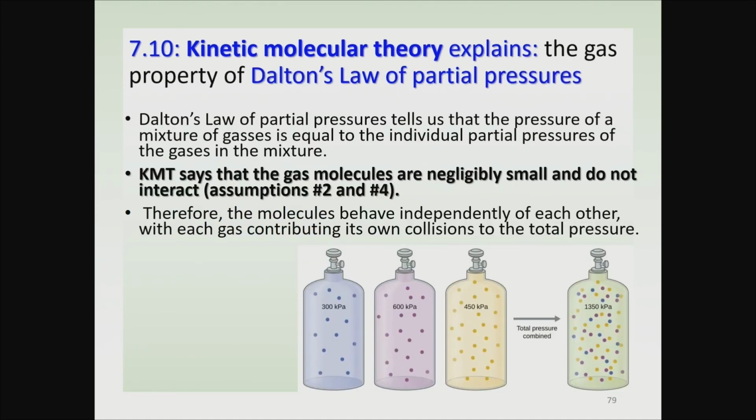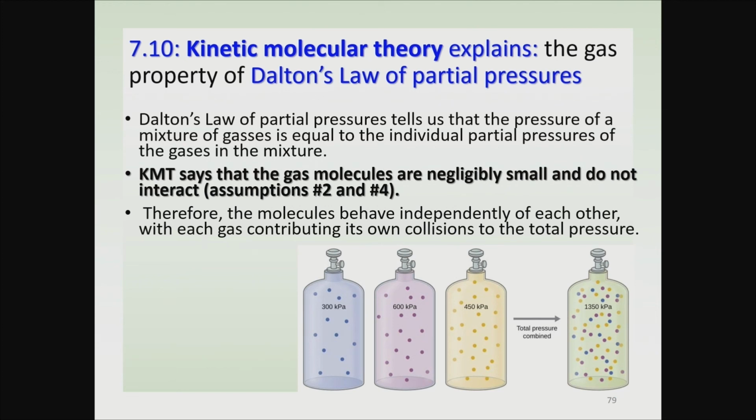Okay, another thing that kinetic molecular theory can do is predict Dalton's law of partial pressure. So first, let me remind you what Dalton's law of partial pressure is. What Dalton's law of partial pressure tells us is that the pressure of a mixture of gases is equal to the sum of the individual partial pressures of the gases in the mixture.